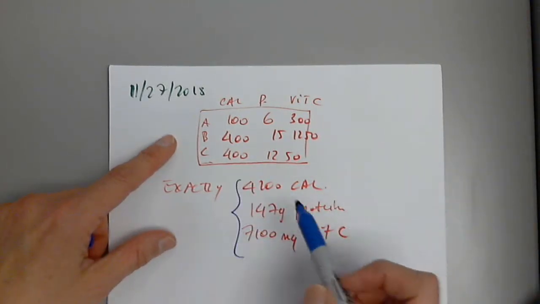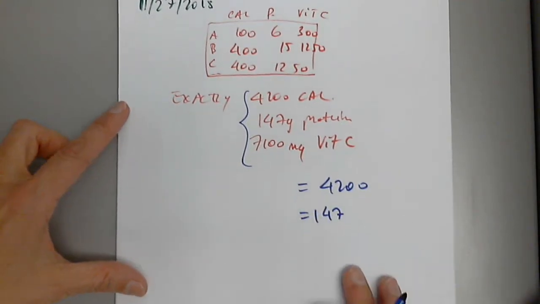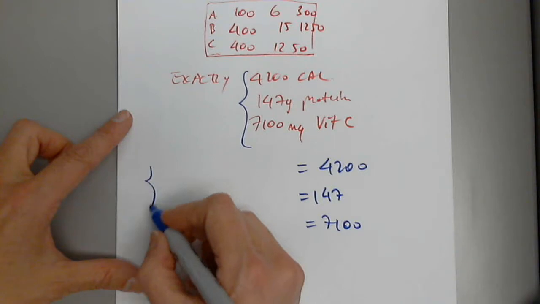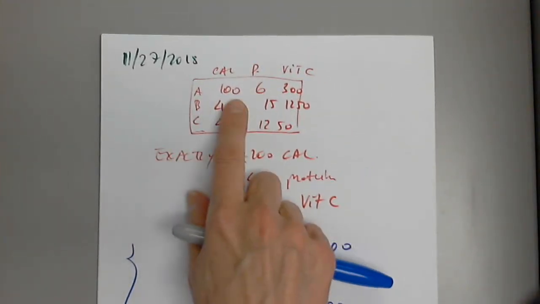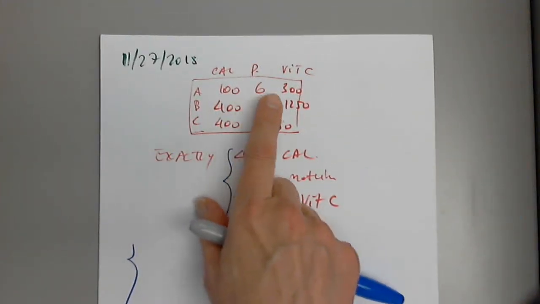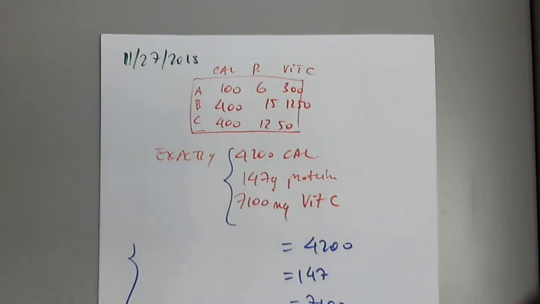And we know that the meal has to consist of exactly 4,200 calories, 147 protein, and 7,100 milligrams of vitamin C. We're asked how much of food A, food B, and food C we should eat so that we get these results. Food A brings in 100 calories, 6 protein, and 300 milligrams of vitamin C. The second one, 400 calories, and so on.